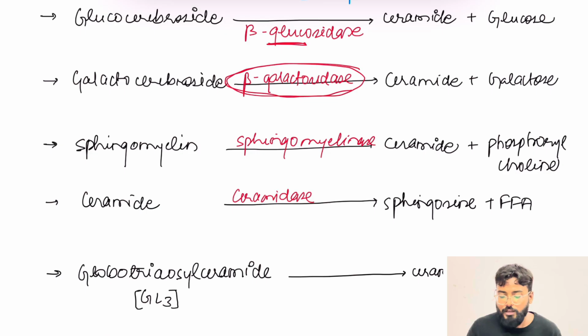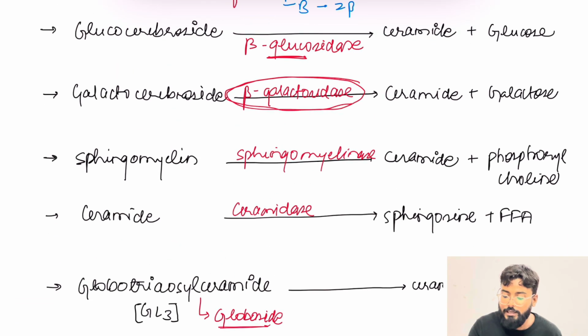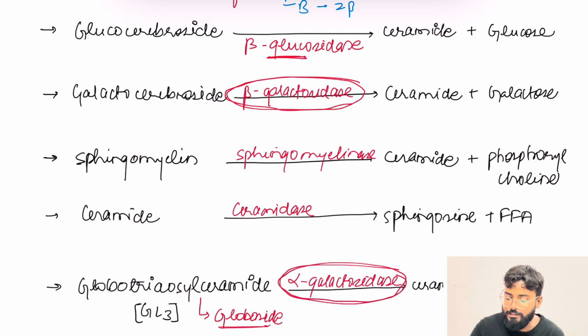And further, when globotriaosylceramide is broken down into ceramide plus trihexoside, this is your globoside. This is an example of a globoside, and it is going to break down into ceramide plus trihexoside with the help of an enzyme known as alpha galactosidase. So we need to be careful in these.